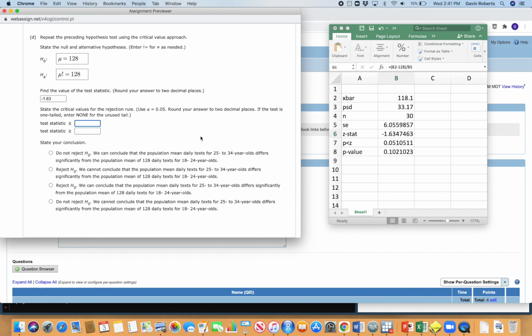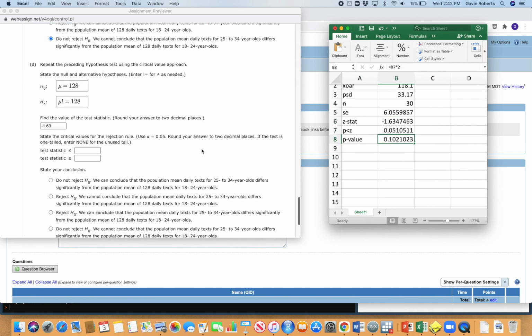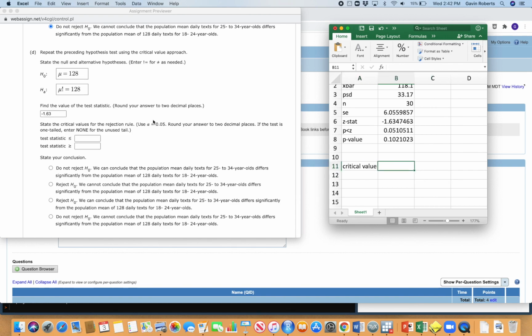State the critical value. So now we have to do something new. We compared our p-value to our alpha. Now we compare our test statistic to a critical value. All we do for this is we basically convert our alpha of 0.05 to the corresponding z-value. So in this case, we have to remember to have 5% total in the tails.